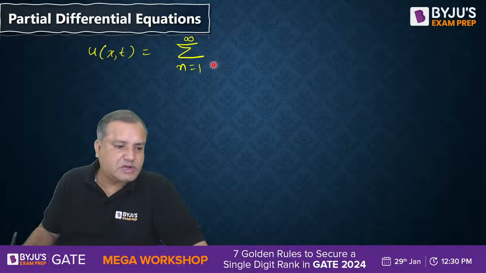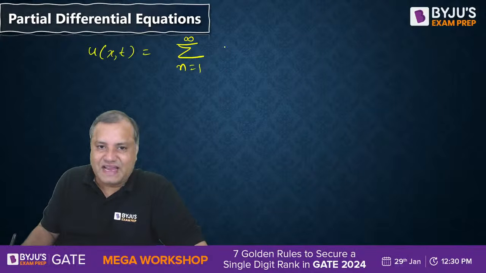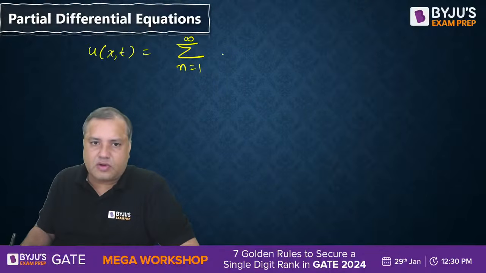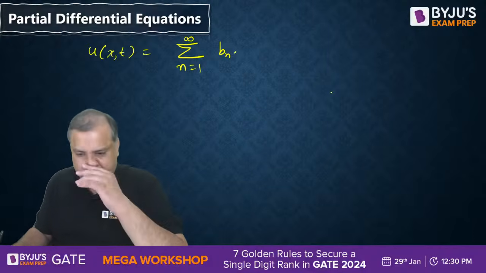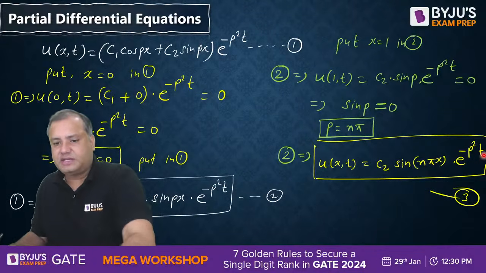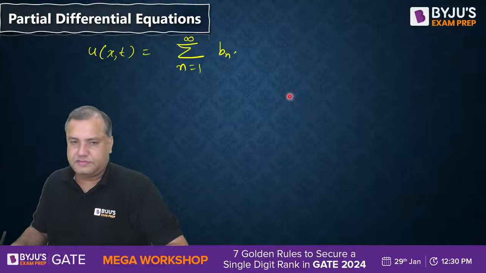This is in accordance with the concept of Fourier series. And this C2 is replaced by a constant Bn. Then we have sin n pi x e to the power minus p squared t.